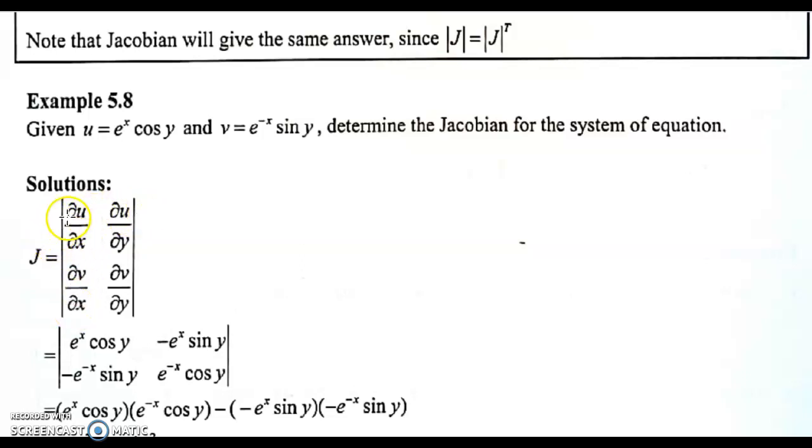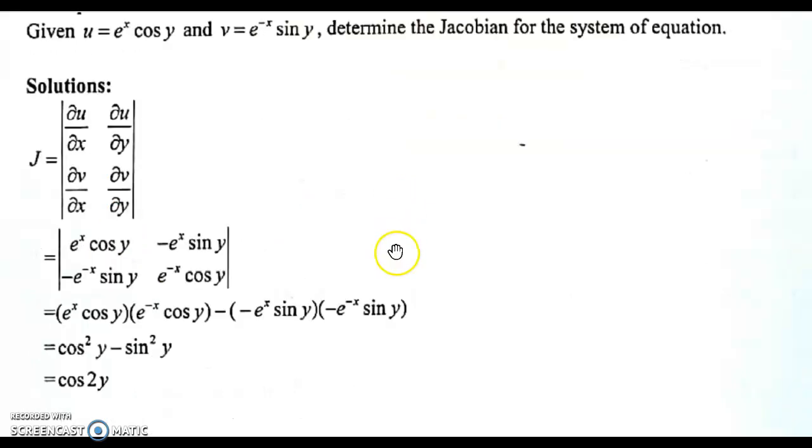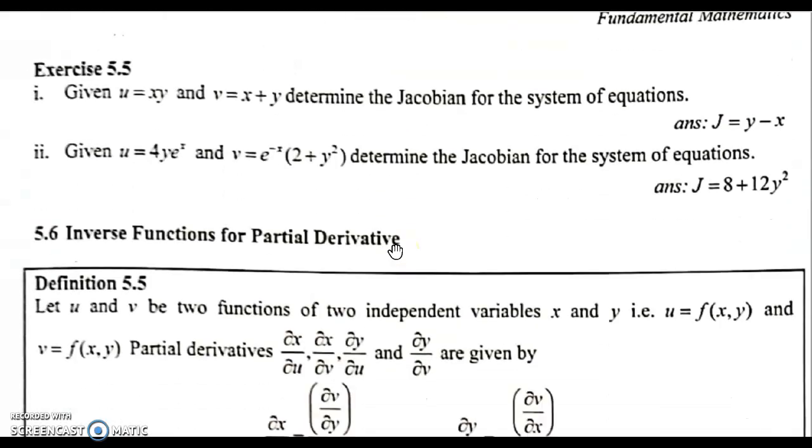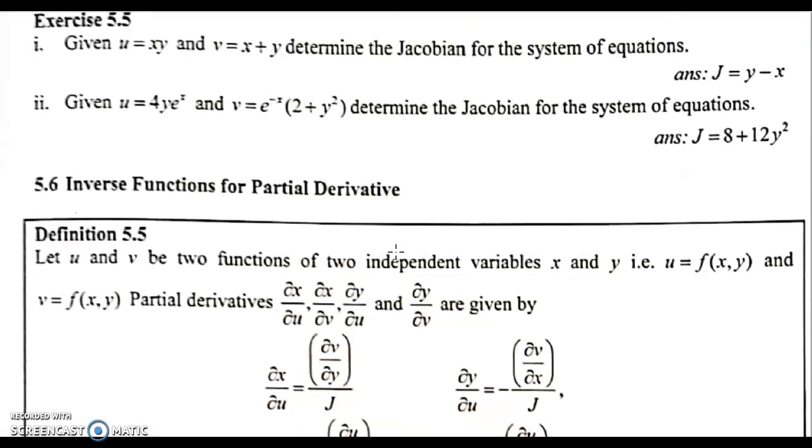You can put partial u over partial x, partial u over partial y, partial v over partial x, and partial v over partial y horizontally, or you can arrange partial u over partial x and partial u over partial y below, and then start the next column with partial v and partial v, right? It will give you the same Jacobian result. Okay, so let's look at exercise 5.5 and try to make sense of the calculation for the Jacobian system.